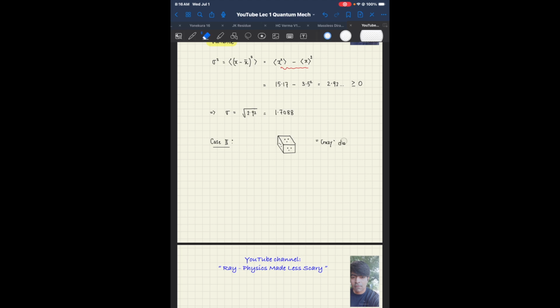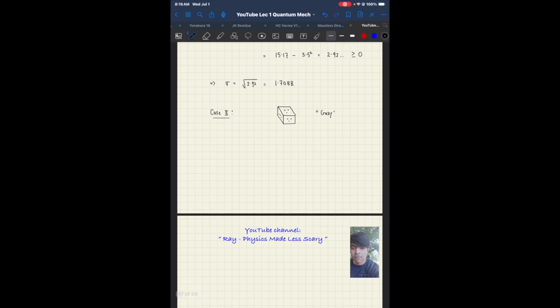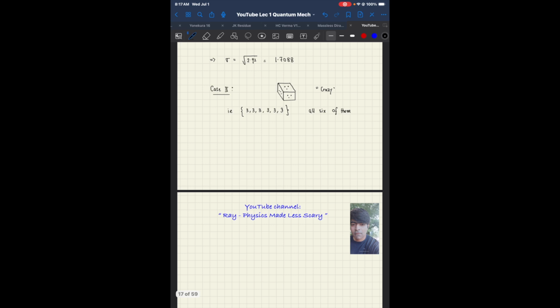That is, the set now is basically 3, 3, 3, 3, 3, 3. All of them, all 6 of them. So think fast. What's going to be the mean and the variance? At least what's going to be the mean? Exactly, 3, right?